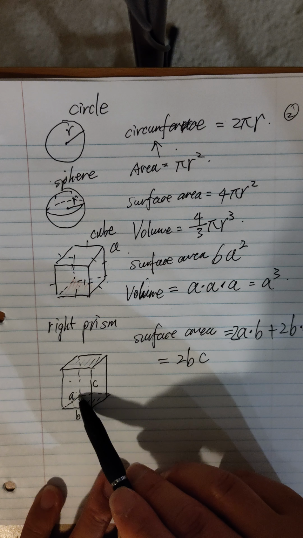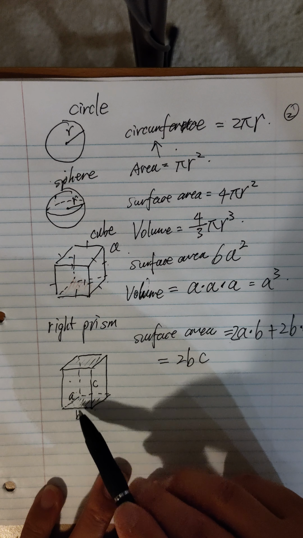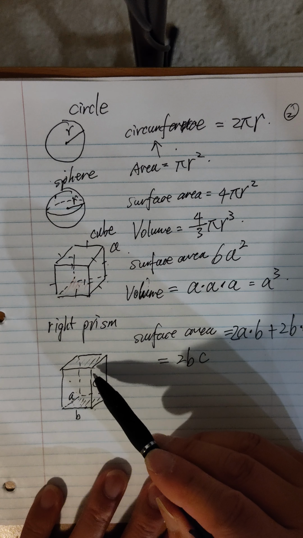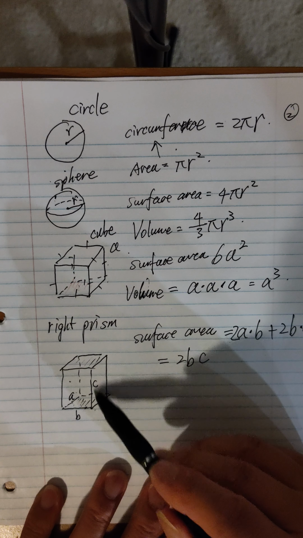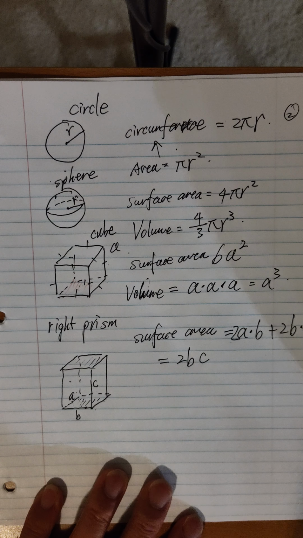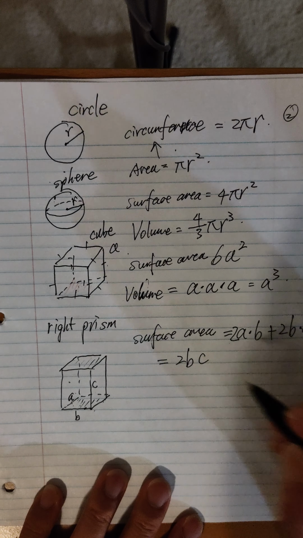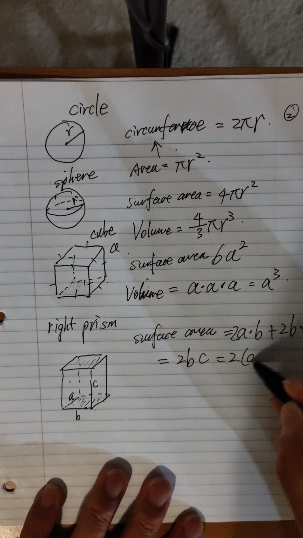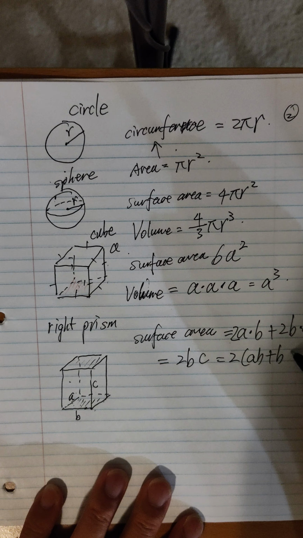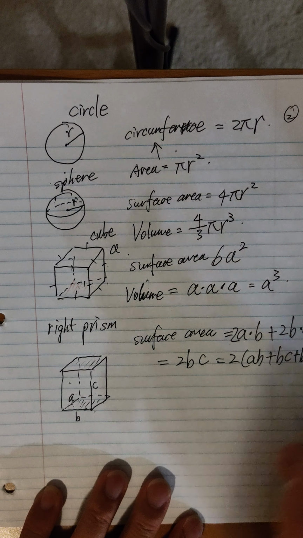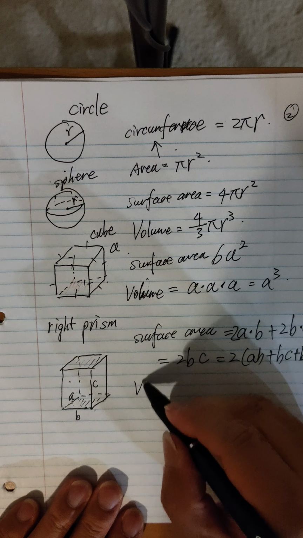Let's go back again. The bottom and the top is 2AB. The side actually is CA, because this side is A. That's my bad. So the sides are 2AC, and the front and back are 2BC. So it's 2AB plus 2BC plus 2AC, which is this guy.